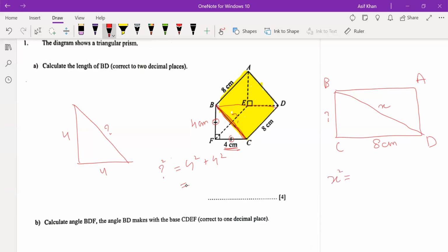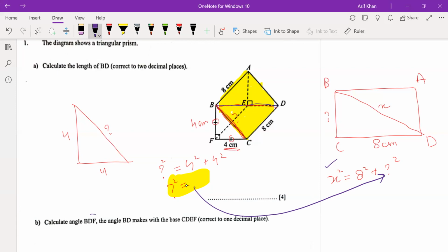X square is equal to 8 square plus this question mark square, whatever you calculated from here. You will bring this value here. So you will find x. X means the distance from B to D, right?